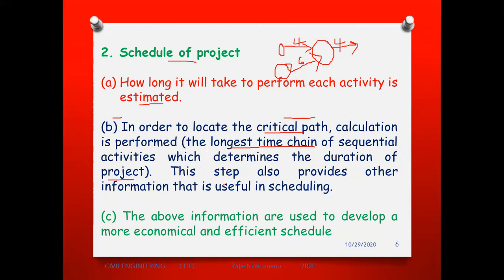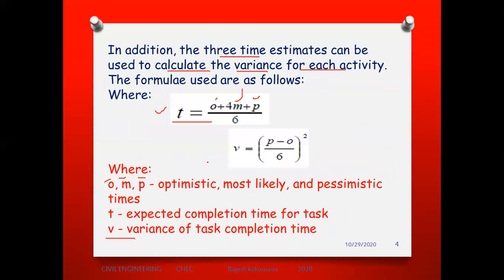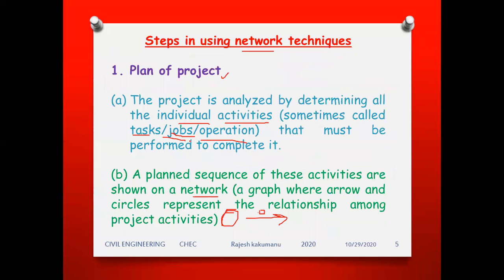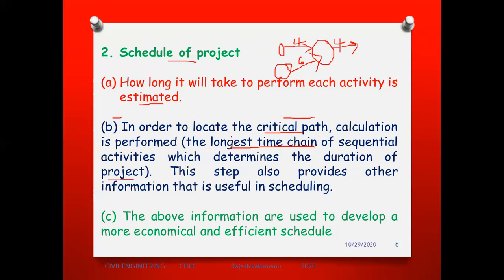So for this calculation, we use this formula. Earliest possible time, earliest finishing time, like this, right? This step also provides other information that is useful in scheduling. To make the schedule, this step is very important for the other processes.